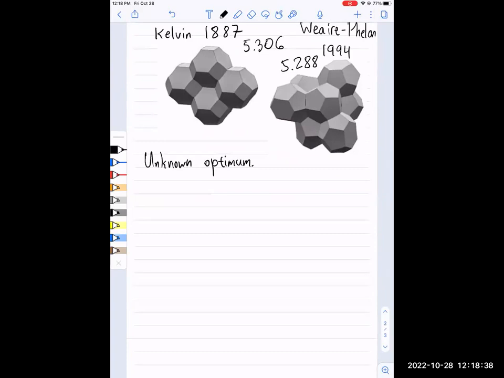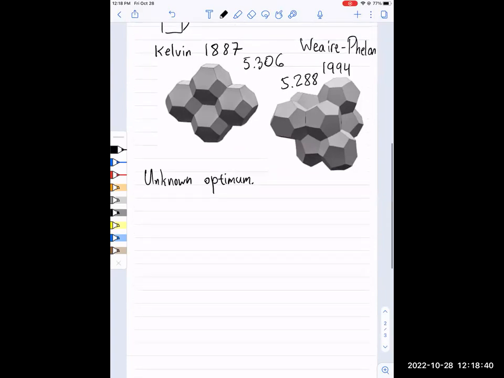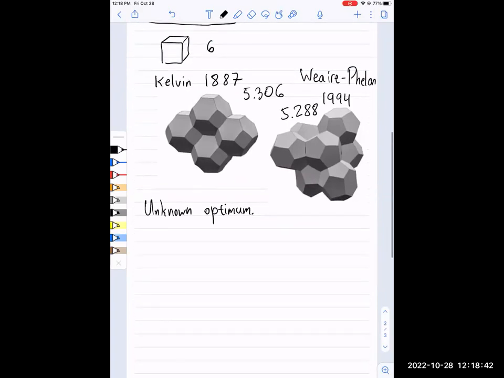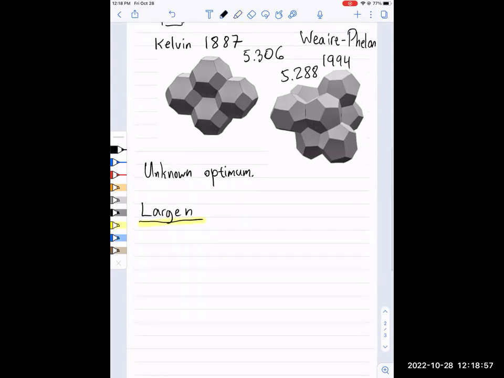Okay. So again, the exact number is not known, but we have some ballpark of what it should be. The question we look at here is what happens asymptotically as n goes to infinity. What are the high dimensions? What are the best ways to partition space?